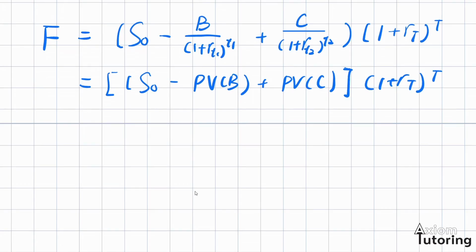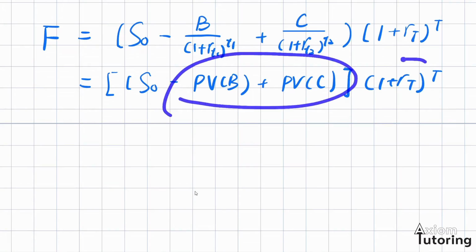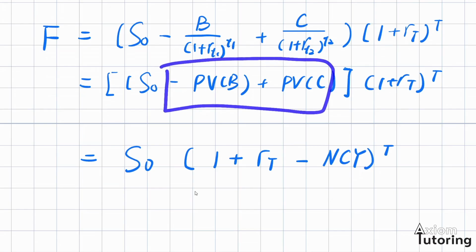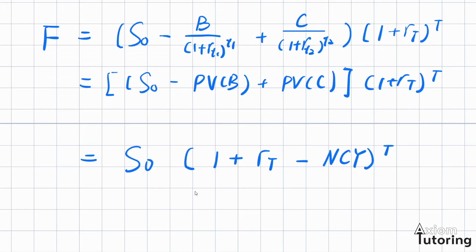So they could combine this thing here with the (1 + R)^T over here. So think about, let's just open up the brackets, but then combine this bit with the R. So you can get another expression, which is going to be S0 times (1 + R minus something called the net convenience yield) to the power of T. So the net convenience yield would be intuitively the net of your benefits and net of the costs.